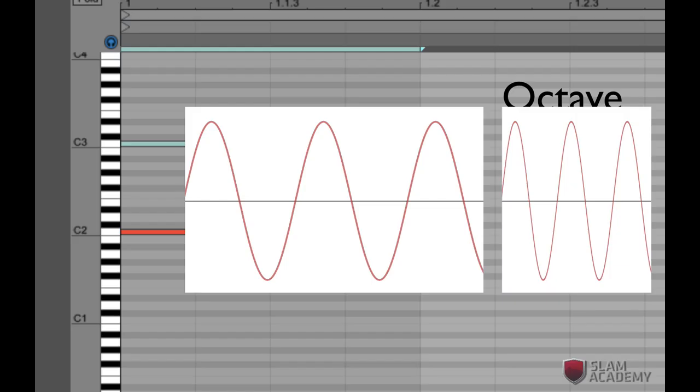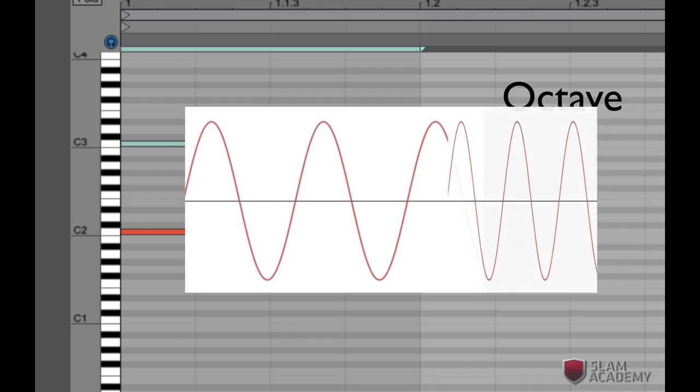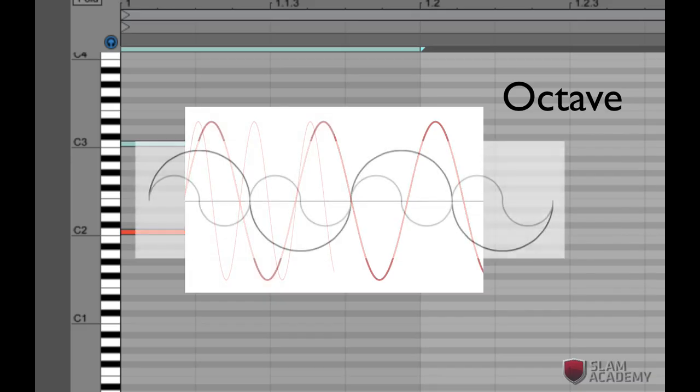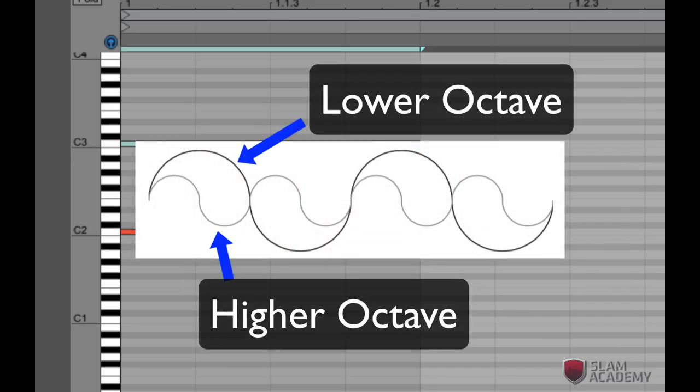Now, the reason these are octaves is because the wavelength of the higher octave is exactly twice the wavelength of the lower octave. So it's going to fit perfectly inside the lower octave. Two cycles of the higher octave is going to make 1 cycle of the lower octave. It's a perfect 1-to-2 ratio. And those perfect ratios always sound good, right?